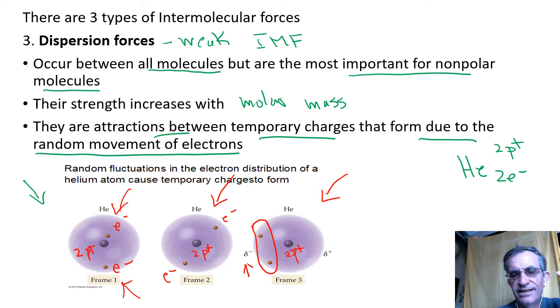The other side of the atom, the protons are still more on the right-hand side, so this area is going to become a little bit positively charged. So at this one split second, the electrons moved into one spot, making it negative, and the spot they left became a little bit positive.